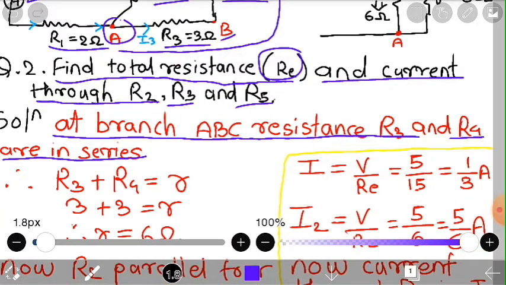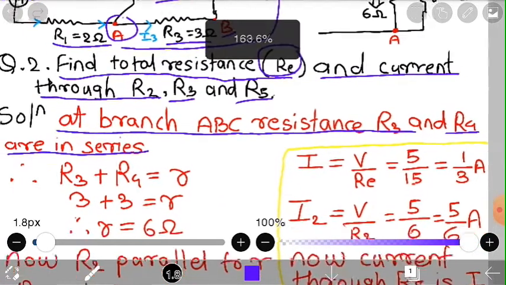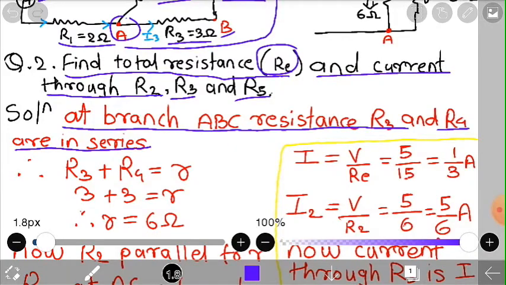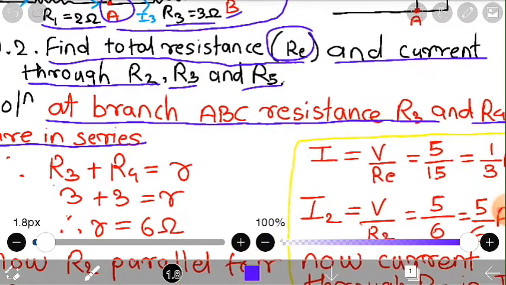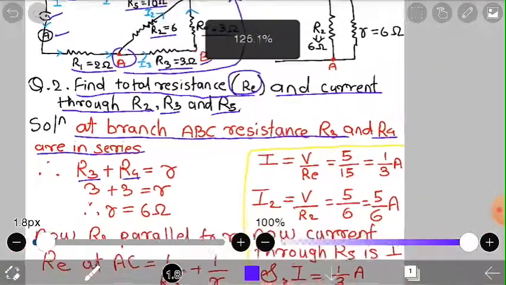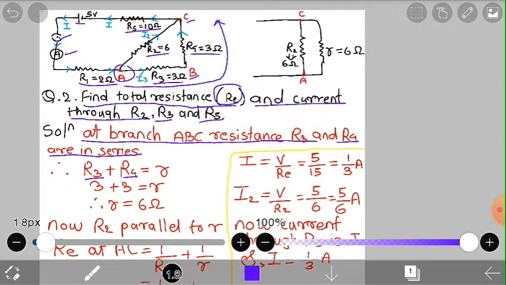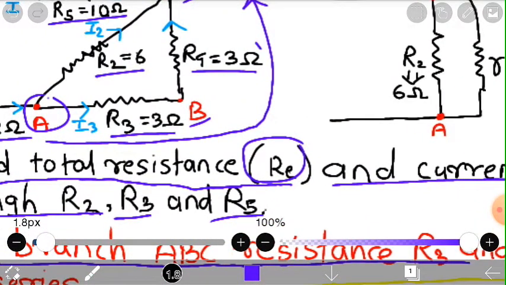Therefore, in series the equivalent resistance is nothing but the addition of individual resistances. Therefore, R3 plus R4 equals r, so 3 plus 3 equals r, and small r equals 6 ohm. So we have found the value of small r, that is nothing but the equivalent resistance of R4 and R3.